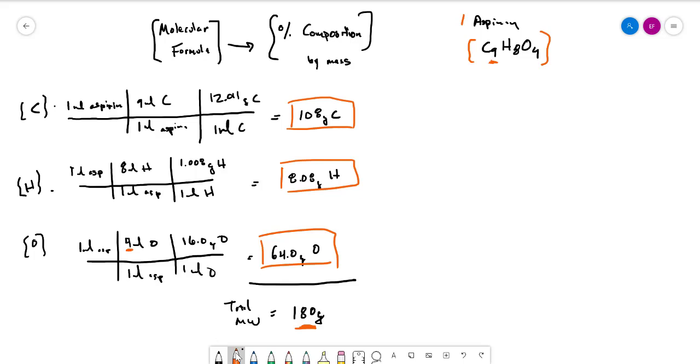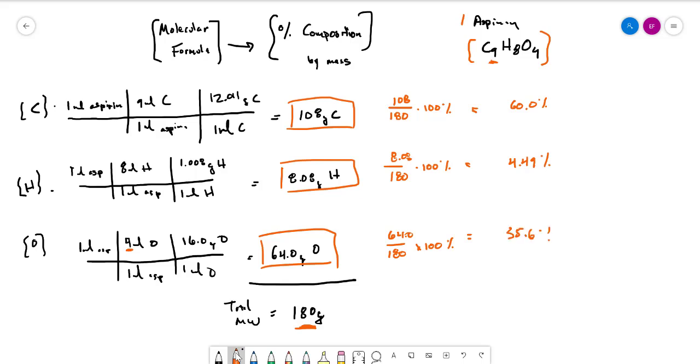And so we can simply go through and say that to get the percent by mass, 108 divided by 180 times 100%, the 8.08 divided by 180 times 100%, and the 64.0 over 180 times 100% will give us our mass ratios of each of those, which come out to 60.0%, 4.49%, and 35.6%.